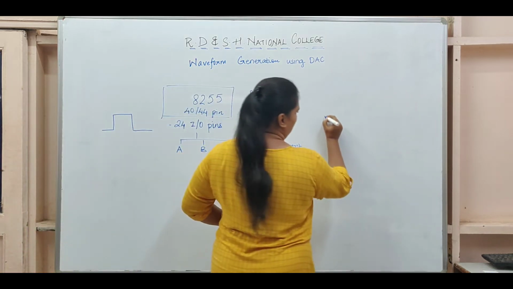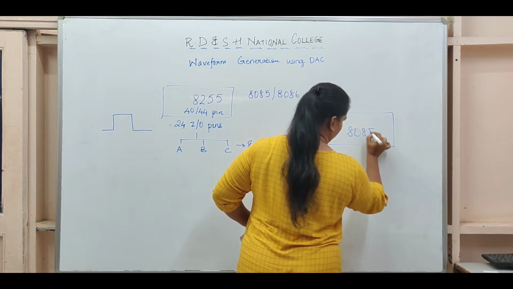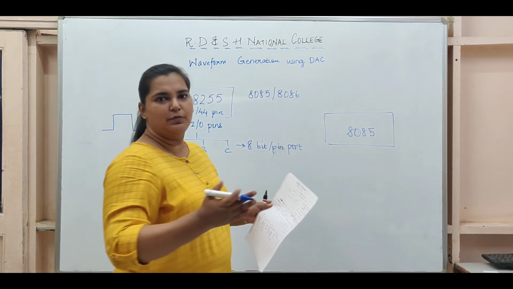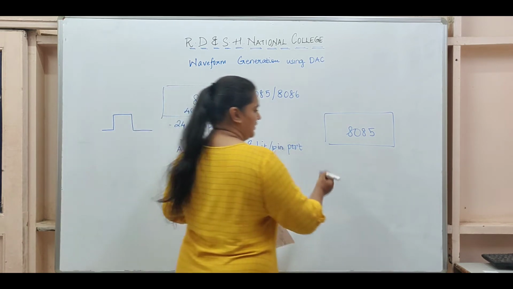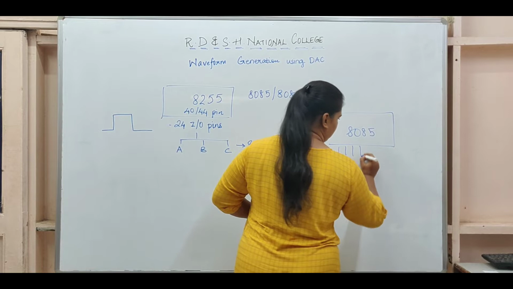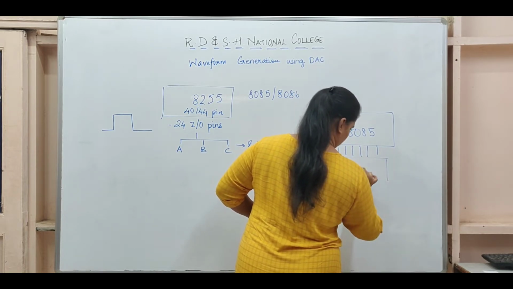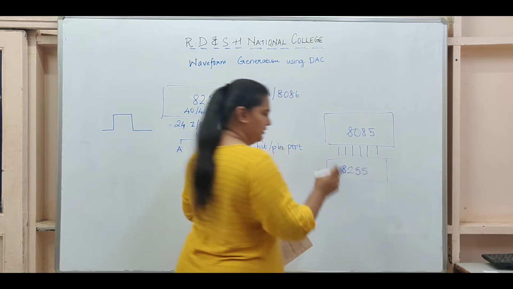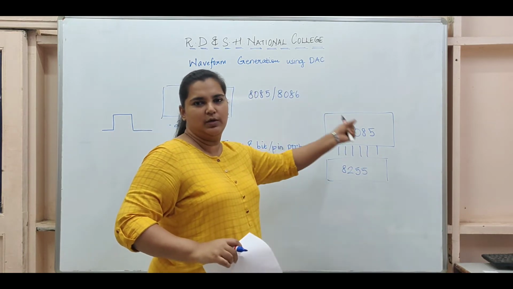Now let's see how the connection of the 8255 works with your DAC. This is your 8085 microprocessor kit, which I'll show you in the experiment. This kit can be connected to the 8255, which is also in the kit, with connections from one jumper end to the other.